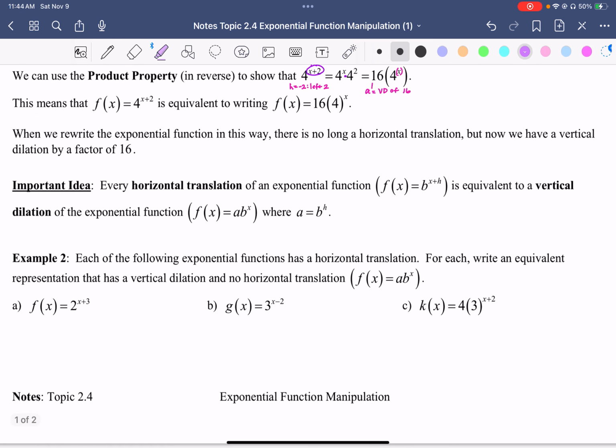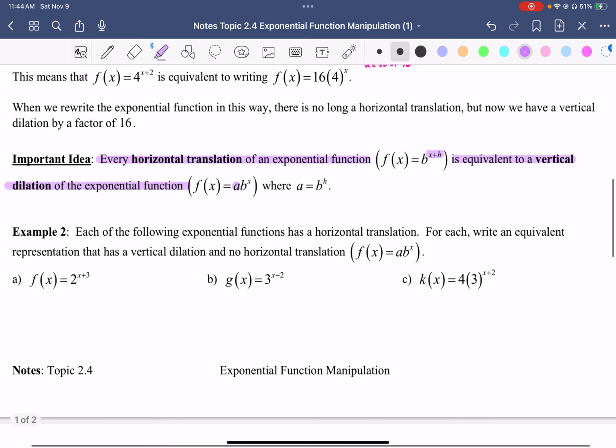The important idea is that every horizontal translation of an exponential function is equivalent to a vertical dilation of the exponential function. The horizontal translation is left and right. So you can go from having something in the parentheses indicating left or right, and if you apply the properties, it's the same as multiplying by a factor of a on the outside of the base, which is a vertical dilation.